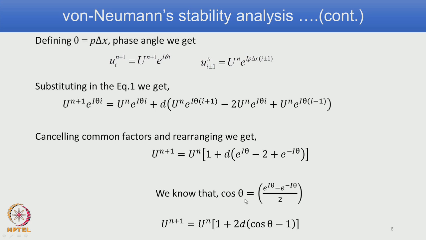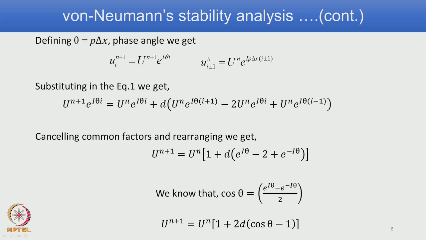So, if you substitute the expression for cos theta in these two and rearrange it, then you get u of n plus 1 equal to u n times 1 plus 2 d times cos theta minus 1.